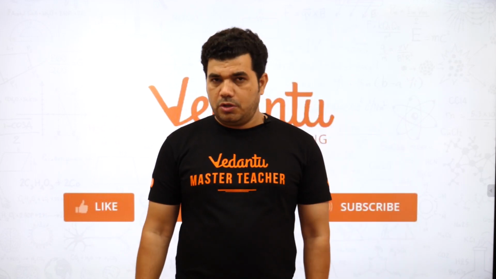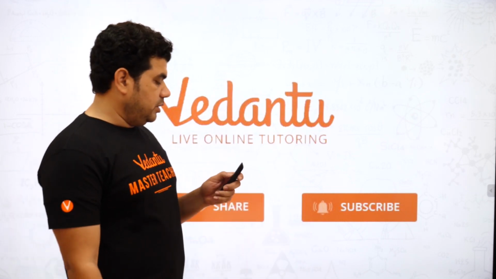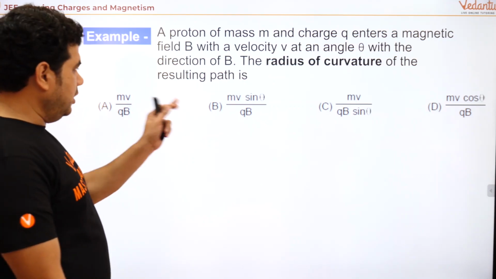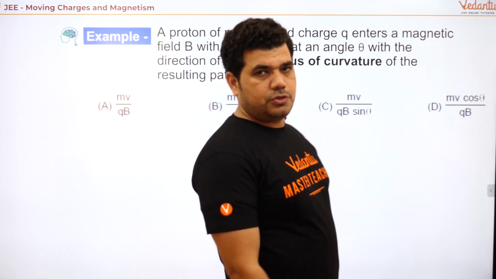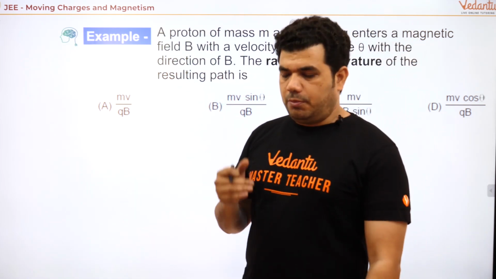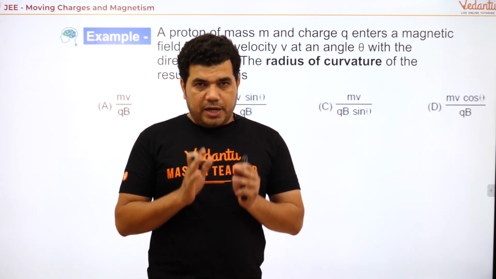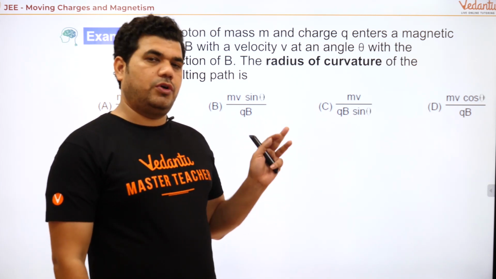Right now, without any delay, I am going to start the magnetism. And dear students, the first question is a very obvious question, but most of the students commit mistakes here, so I intentionally took this question for you.